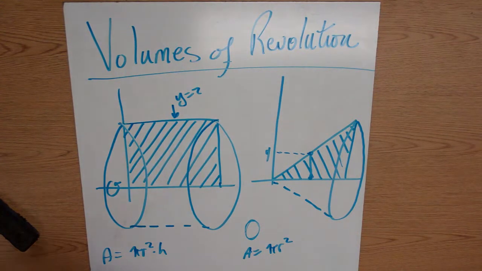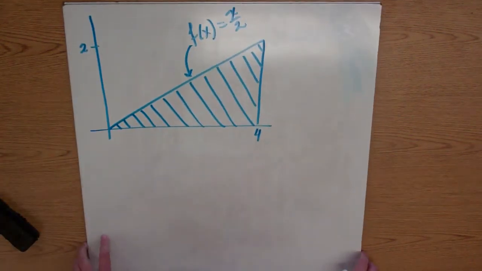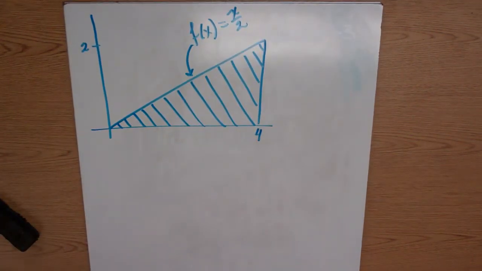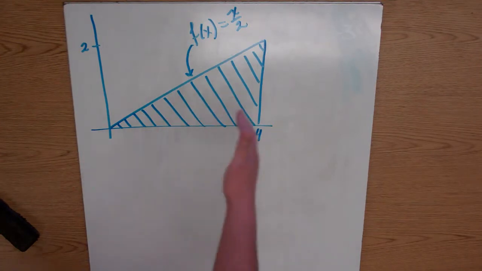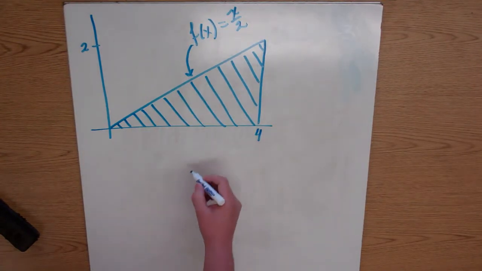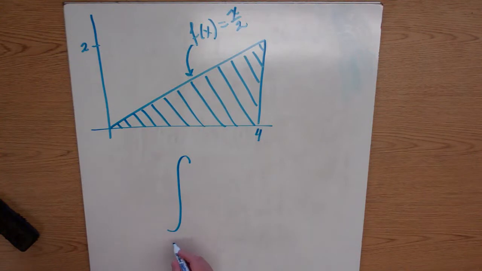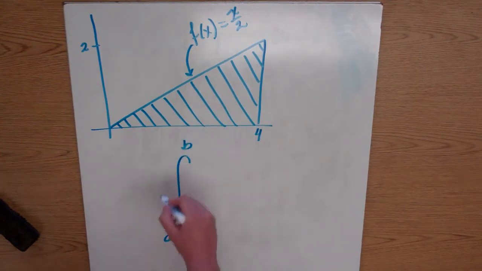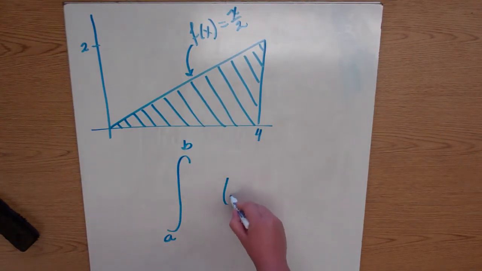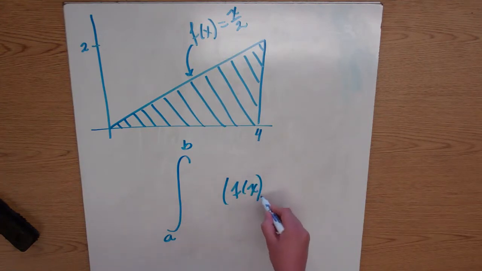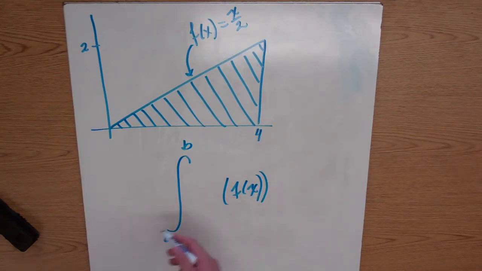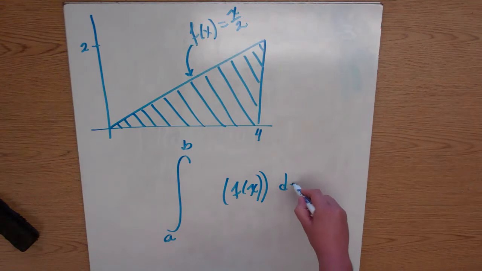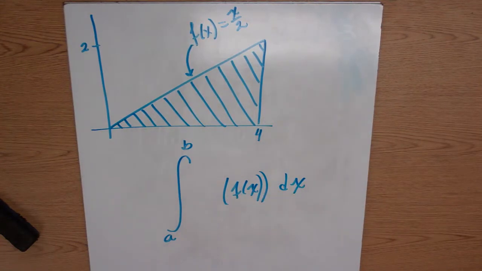So let's look at an actual example, and it might clear some of this up a little bit. If we wanted to just integrate this normally, we'd go from a to b, and you'd have your function f of x in here. We'd integrate that dx, and boom, we would have our area.